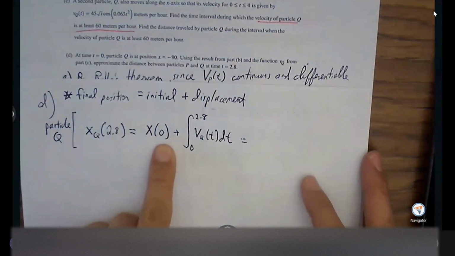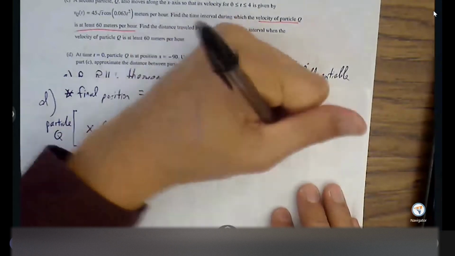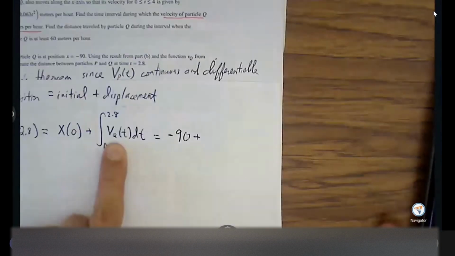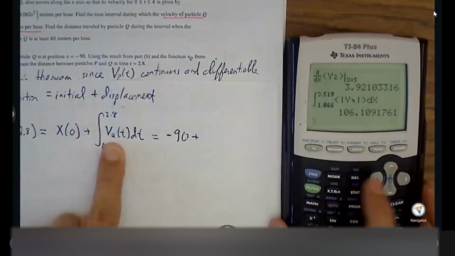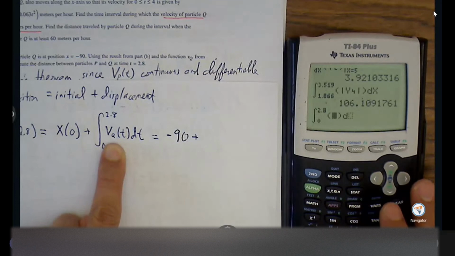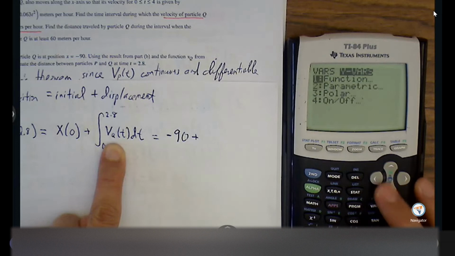So we know that particle Q starts off at negative 90 on the x-axis, but then the rest we can go into our calculator and evaluate. Again, I have it under Y4.